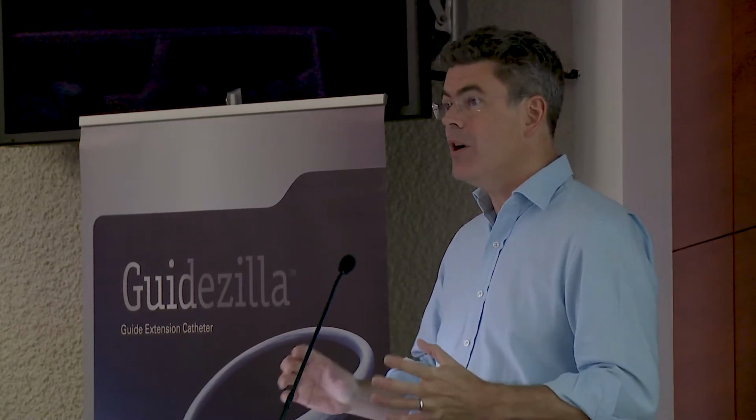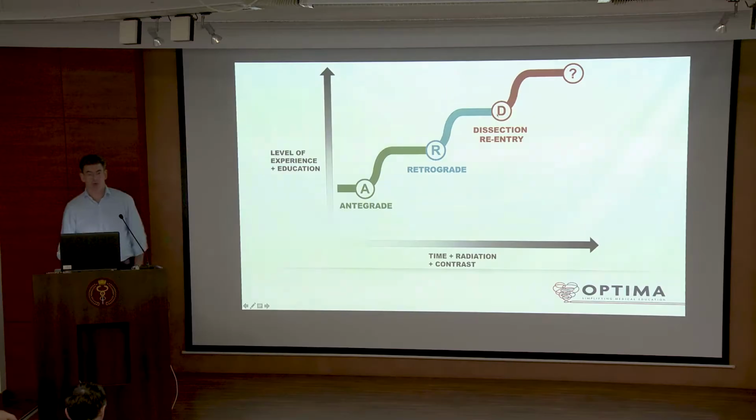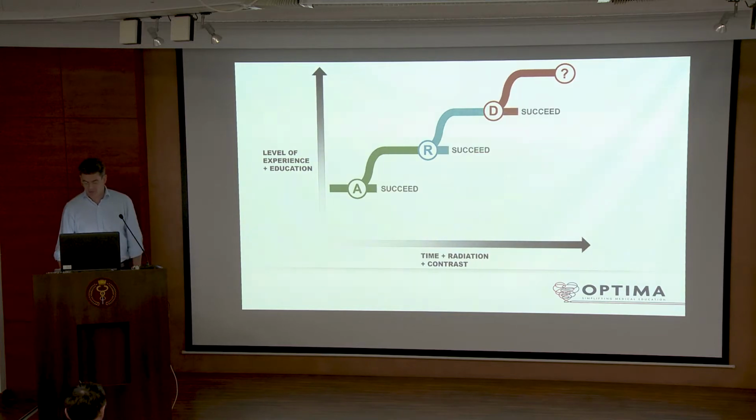Now, if that does not work and you can't do the conventional retrograde wire escalation, we will then switch to one of the dissection re-entry techniques, and that's either retrograde dissection re-entry or, with the introduction of the antegrade dissection re-entry device, Crossboss and Stingray, which hopefully we will see in action in this course. So this is a systematized way of thinking about how you approach a lesion and the escalating level of complexity.